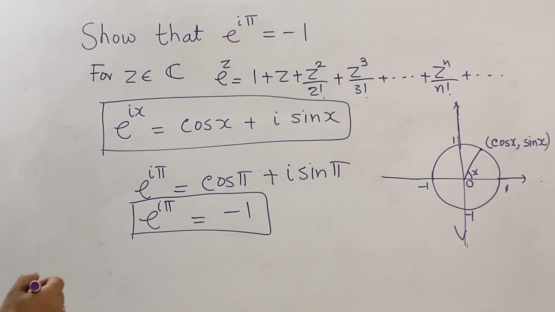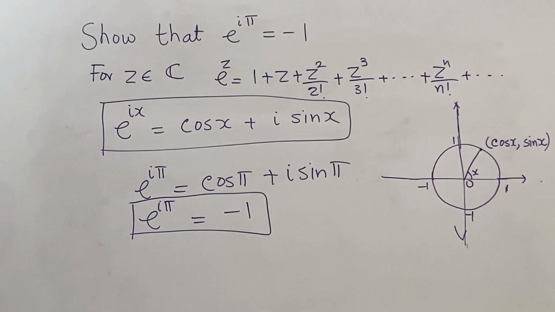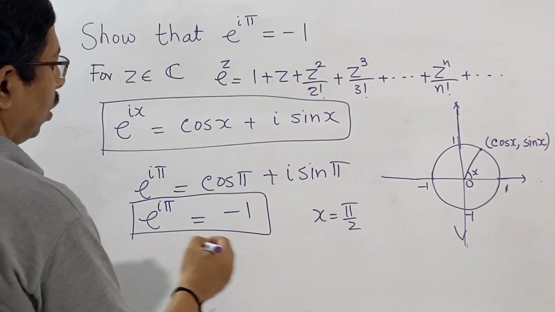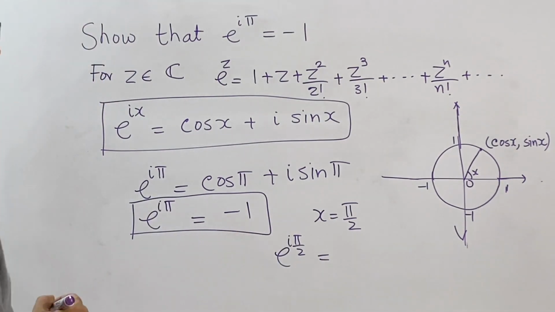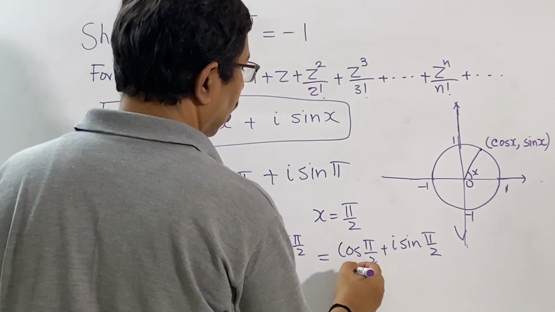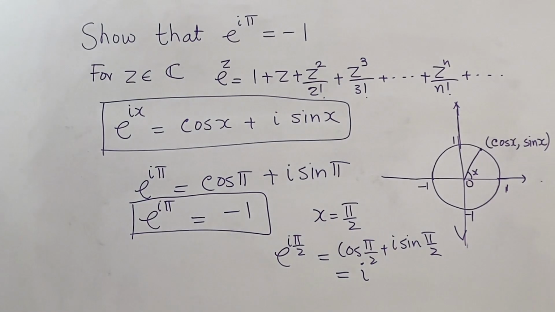So we can think of every complex number of the form e to the power i x to be a point on the unit circle. Now, if I take x to be equal to pi by 2, then we get e to the power i pi by 2 is equal to cos pi by 2 plus i sin pi by 2, which gives us i, because cos pi by 2 is 0 and sin pi by 2 is 1. So e to the power i pi by 2 is equal to i.